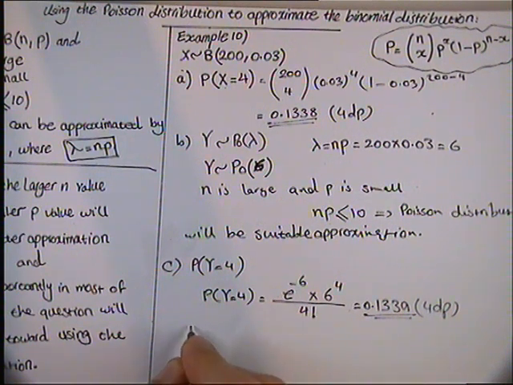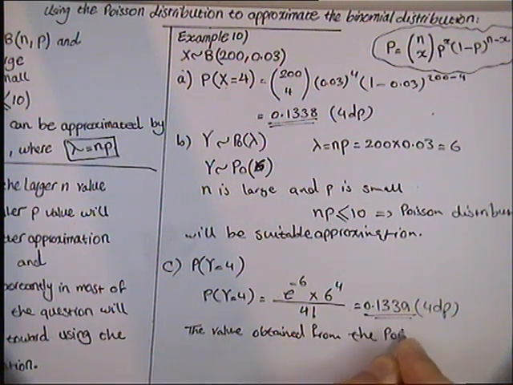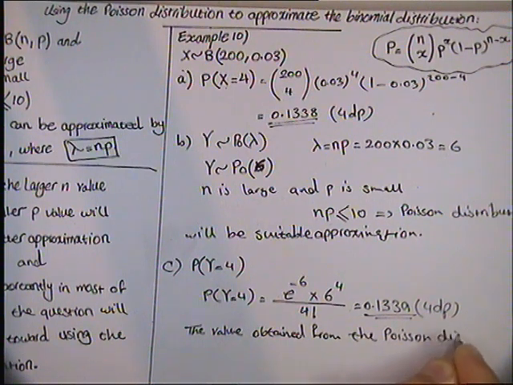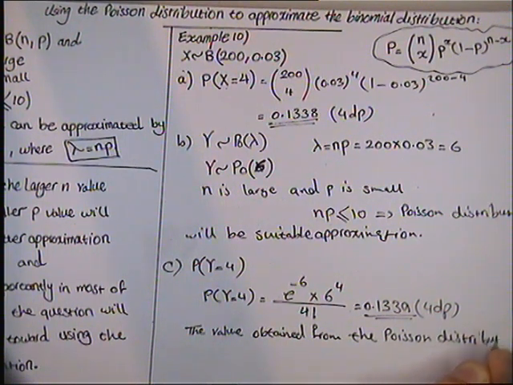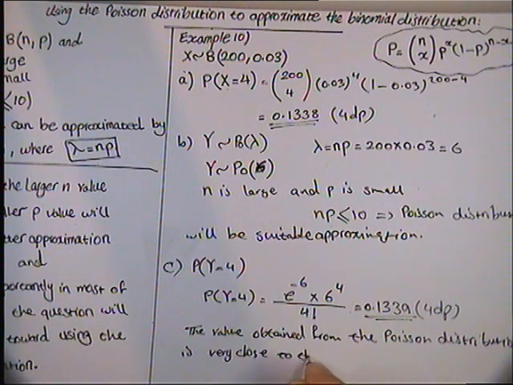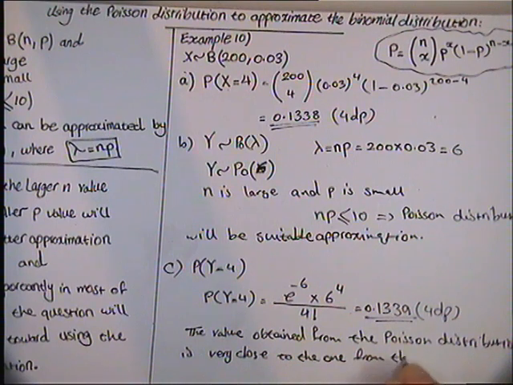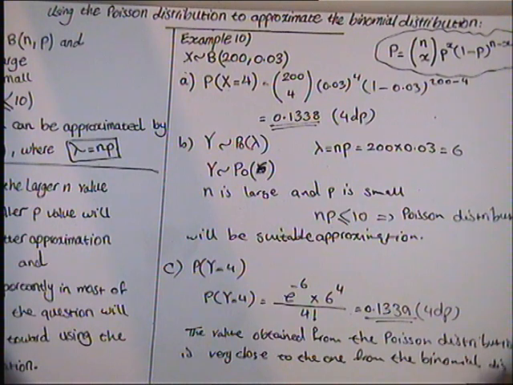To justify this, we write down that the value obtained from the Poisson distribution is very close to the one from the binomial distribution.